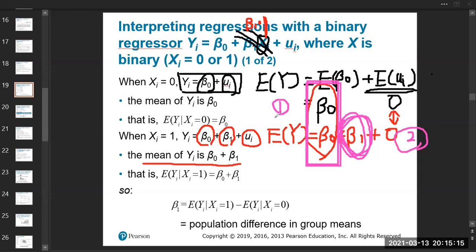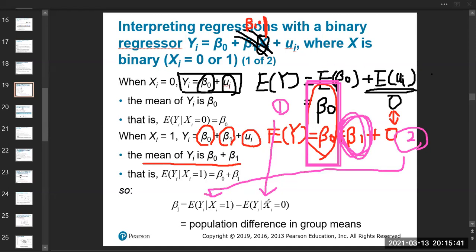What is part 1? Wait, wrong direction. Part 1 is when x equals to 0, so part 1 is this. Part 2 is this, and the difference between them is beta 1.